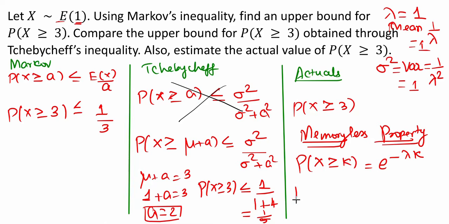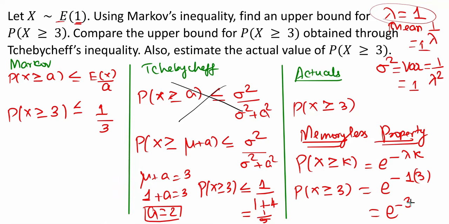So my probability of X greater than or equal to 3 will be equal to e power minus lambda, which I know is given as 1, times 3. So this becomes e power minus 3.